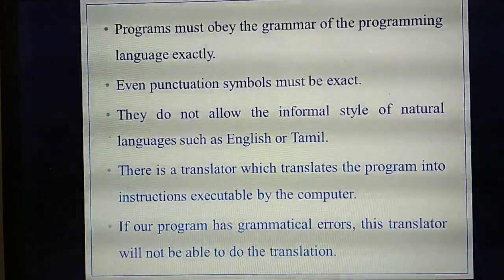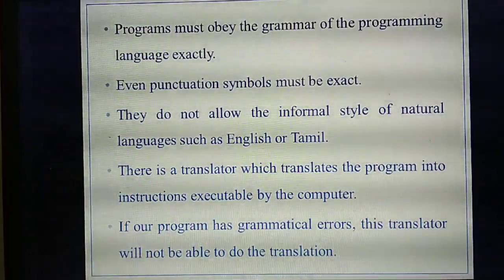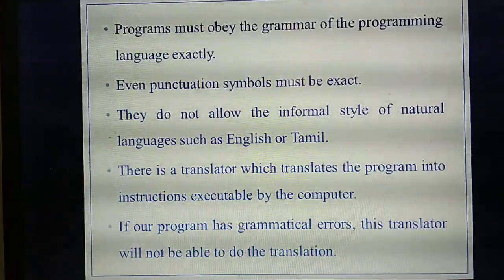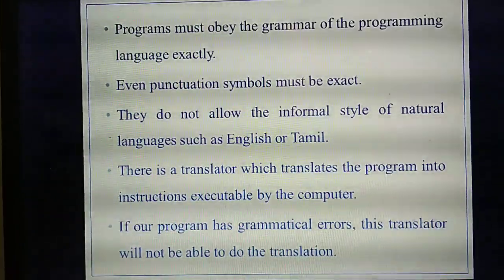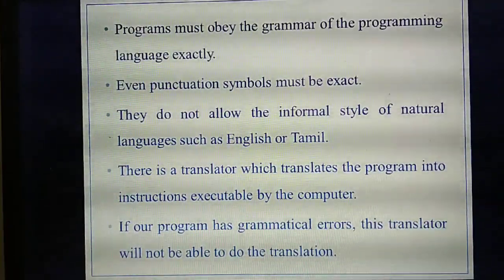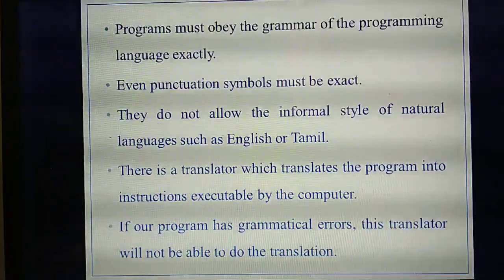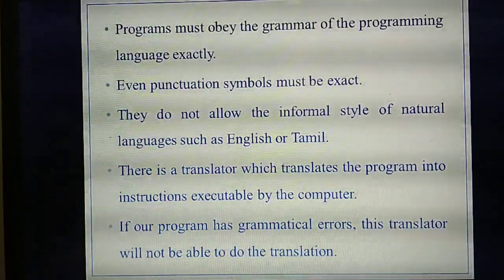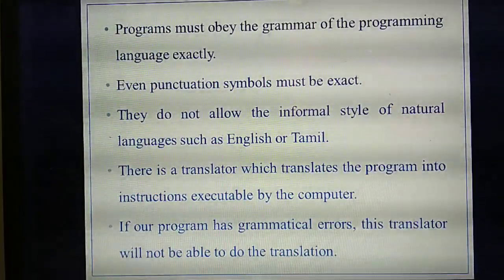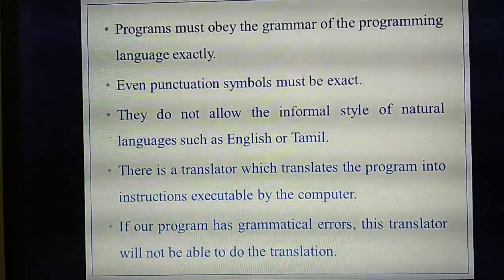If you have made any mistake in the program, the translator can't do the translation. For example, adding two numbers. There is a format: sum equal to a plus b. Instead of sum equal to a plus b, if you simply give equal to a plus b, there is a mistake.